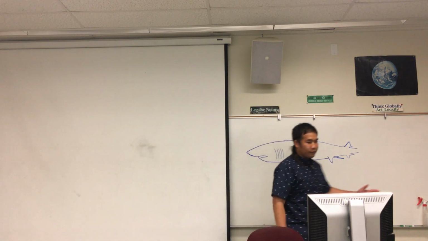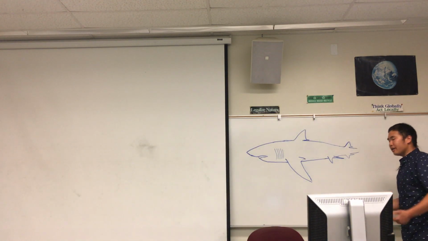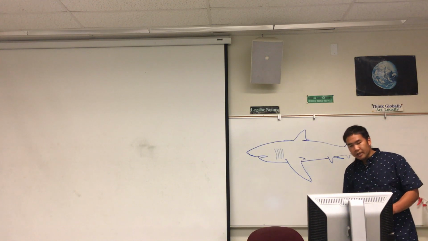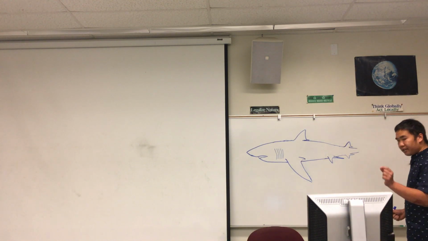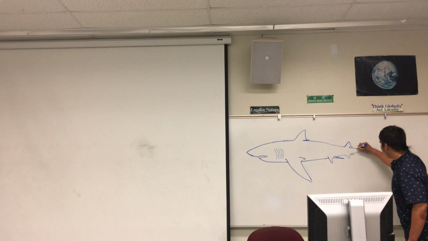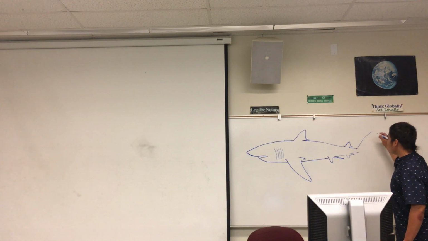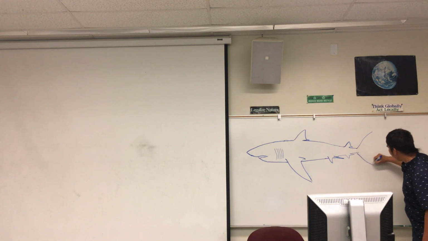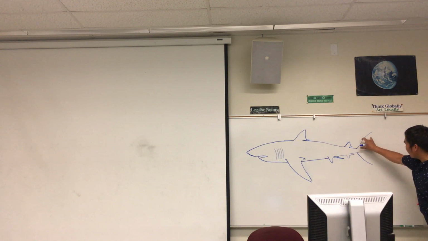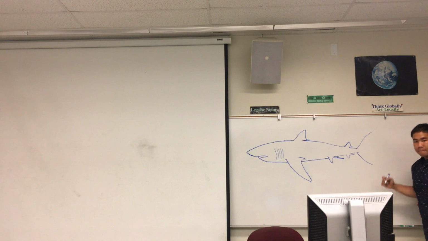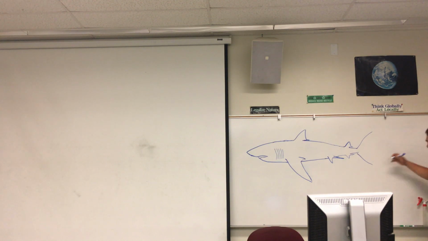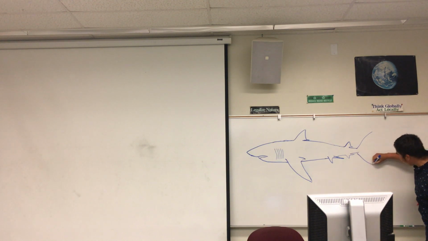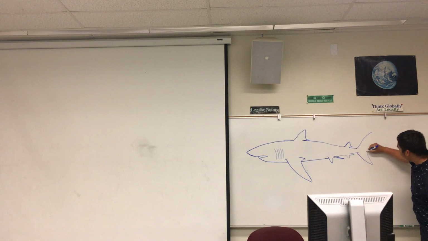But for a great white, which is the most iconic shark, I guess, you want both lobes to be roughly equal, the top being slightly longer, right? Okay, you're gonna kind of make an arc like this that goes almost up to the top fin, and then an arc on the bottom that goes almost the same length, but not quite. And then you guys can connect the inside part kind of like this.